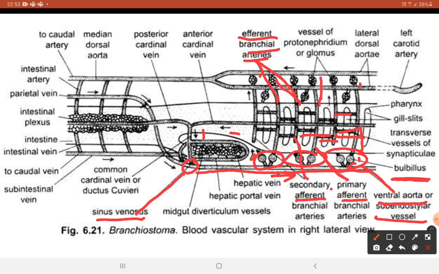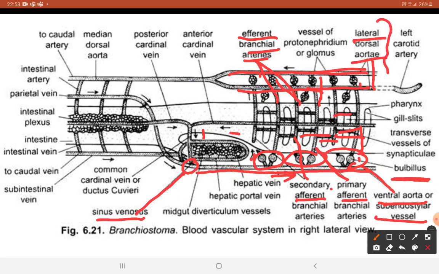Now these efferent arteries, when they pick up this oxygenated blood, pour it into the lateral dorsal aorta. If you see these two vessels here, they are present on the lateral side, and hence they are named lateral dorsal aorta.